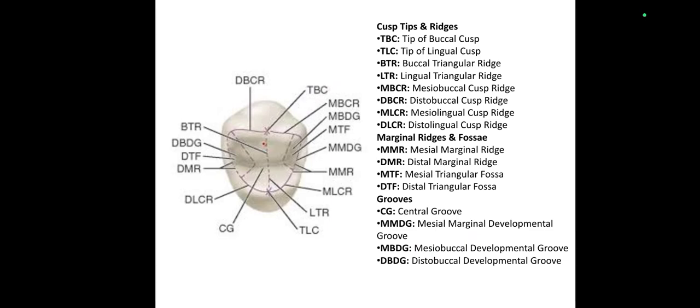Mesial marginal developmental groove. This tooth is highly unique because its central developmental groove crosses straight over the mesial marginal ridge and spills onto the mesial surface of the crown.